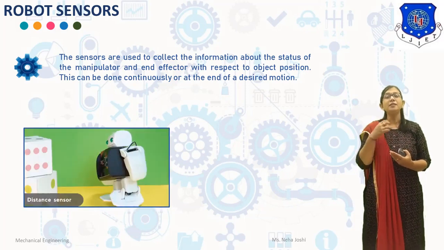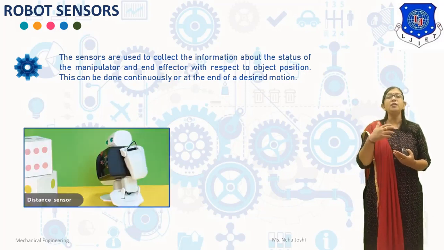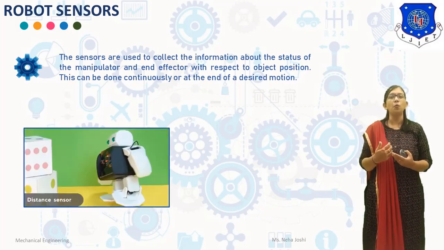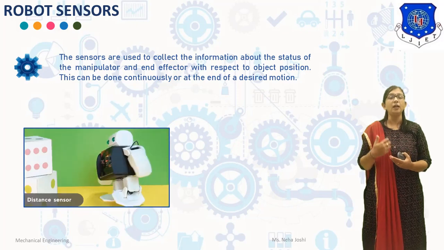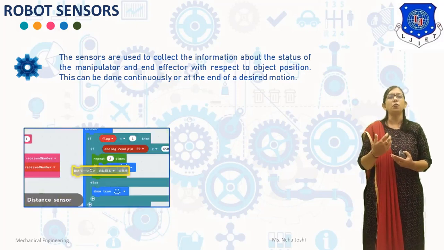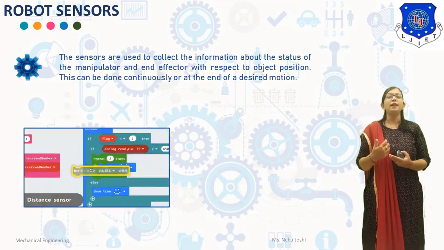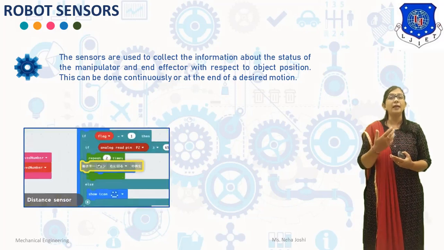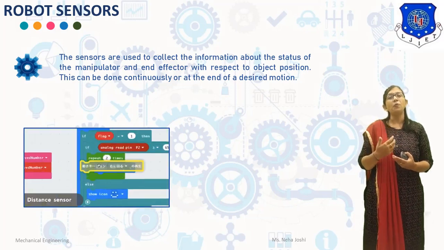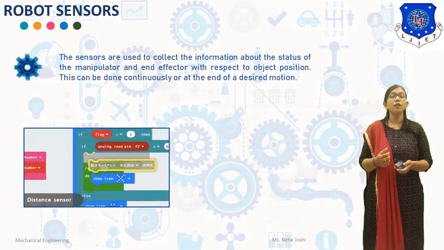Now this information is sent to the controller. Using this information, the controller determines the configuration of the robot at the given instant and controls the movement of the manipulator. This information sent by the sensors can be either analog, digital, or a combination of the two.